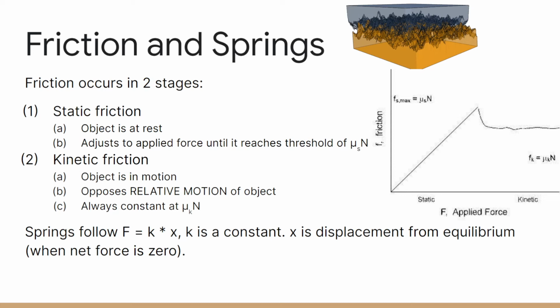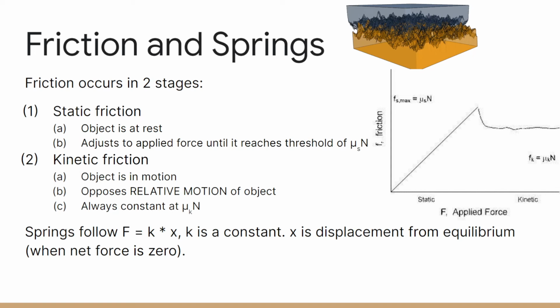So once it reaches that threshold, as you can see in the graph, it drops and is relatively constant. In fact, that's what we know as kinetic friction. That's when the object is in motion, and it's kind of like the friction between the molecules doesn't even want to try any longer, right?